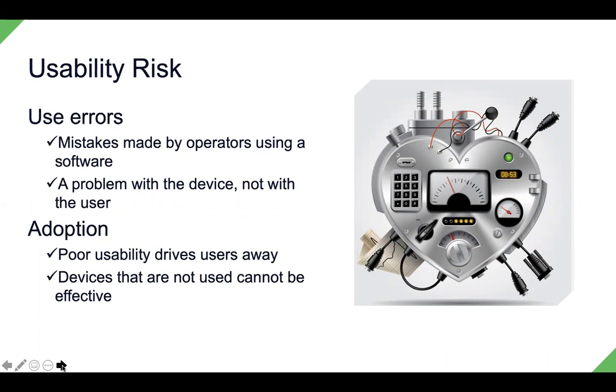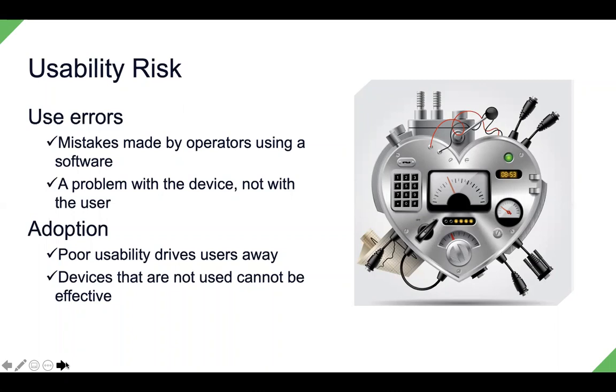And I want to break this down a little bit into both the traditional risk management aspect of this that we talk about in the software world, which is the concept of use errors, that an operator might make a mistake using the software. I do want to differentiate this concept from a term that's much more commonly used and maybe more familiar, which is user error, which implies the user messed up, right?